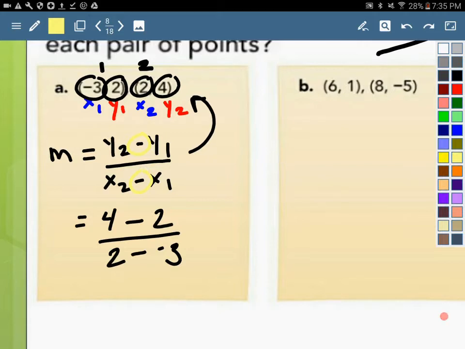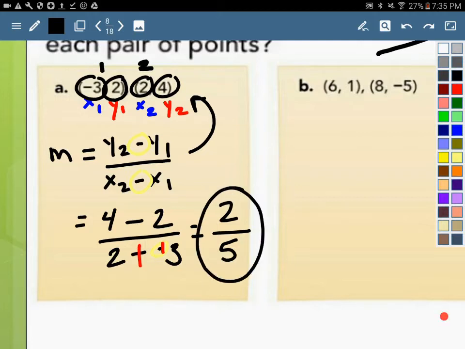But if you're subtracting a negative, don't forget to include that sign right there. Just because you're already subtracting doesn't mean you don't write the negative. When we simplify this, 4 minus 2 is 2. And whenever you subtract a negative, it turns into adding a positive. So really I'm doing 2 plus 3 here, which is 5. So the slope of the line that passes through the 2 points listed above is 2/5.